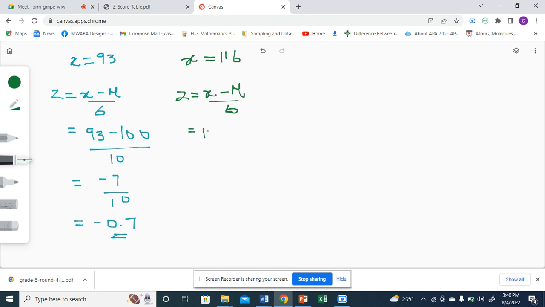So that's going to be 116 minus 100 divided by 10. 116 minus 100, you get 16. 16 divided by 10, you get 1.6.